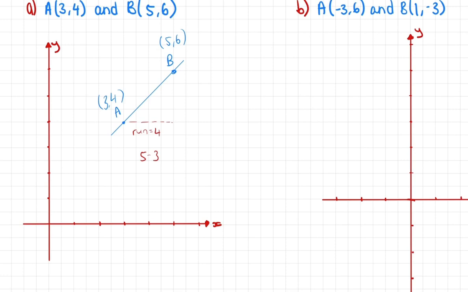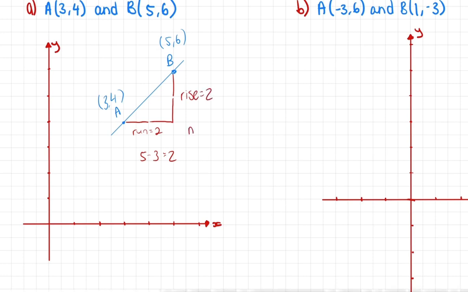Oh, my mistake, I forgot I've done it at a scale of 2. So if we go 5 take away 3, so our run is not 4, it's actually 2. Because that's 1 and that's 2. Okay, so 5 take away 3 gives me 2. So they match up. Alright, and then I look and we go, how much do I go up by? 1, 2. So my rise is also 2.